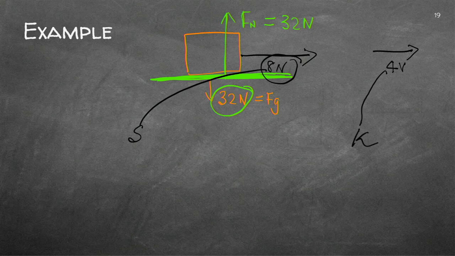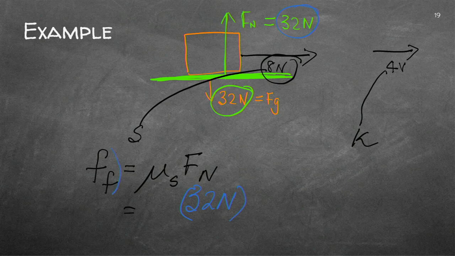What did they ask me? To calculate the two coefficients. Now let's go ahead and do the static one. The equation is this. It is static friction equals the coefficient times the normal. Have you got values for this equation? Let's quickly see. I've got 32 as my normal there.